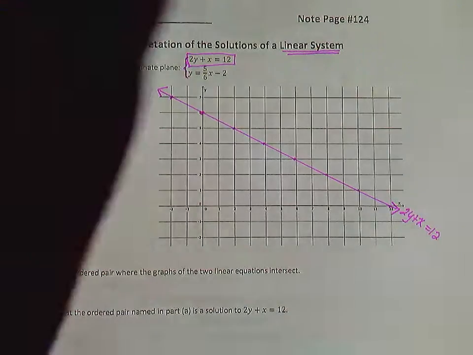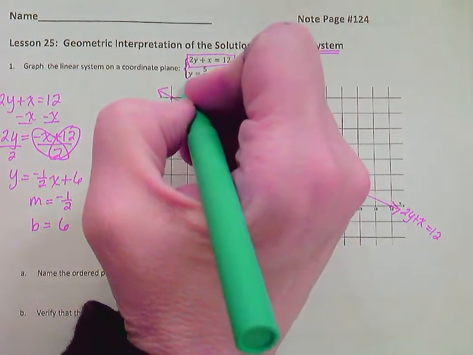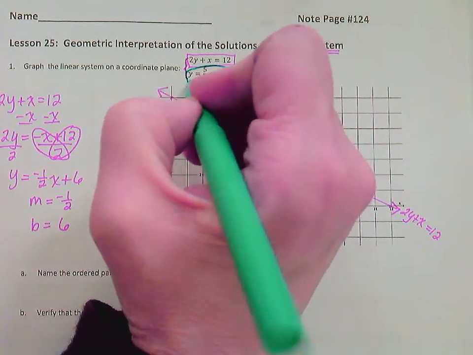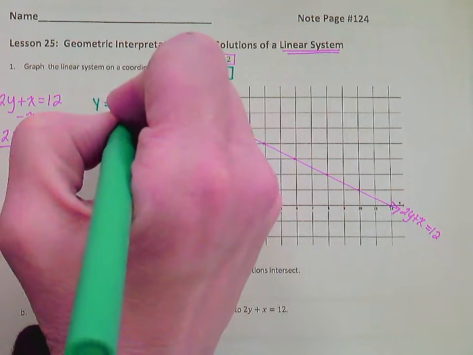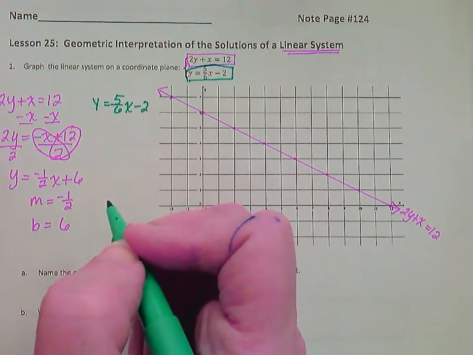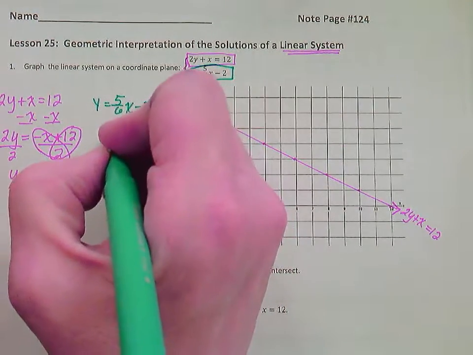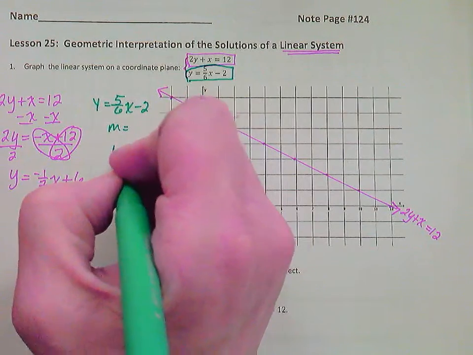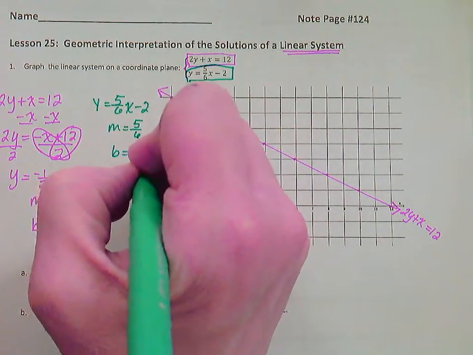All right. I'm going to take the next equation. It's this one here. I'm going to rewrite that. That one happens to be already in slope-intercept form, so I don't need to do all the algebra. But I'm going to pull out the slope and the y-intercept. Slope is 5/6. The y-intercept is negative 2.